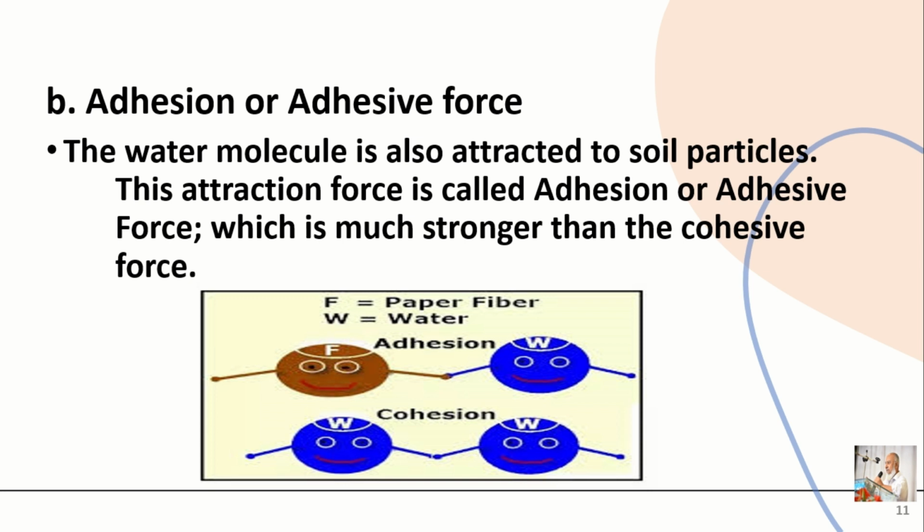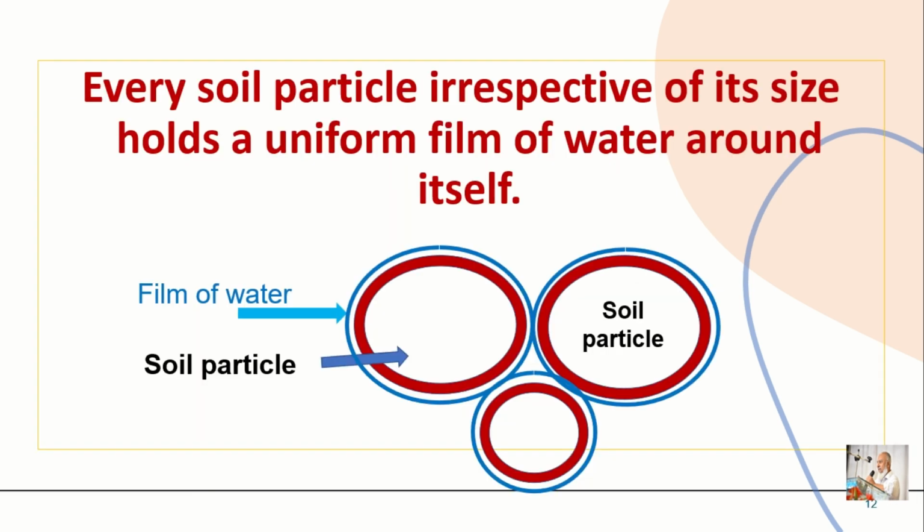You can see this blue one is the water and this brown one is the soil particles. So this force between the brown and blue is adhesion. Between two water molecules, it is cohesive force. So these two forces keep the water, giving holding capacity or water-holding capability.